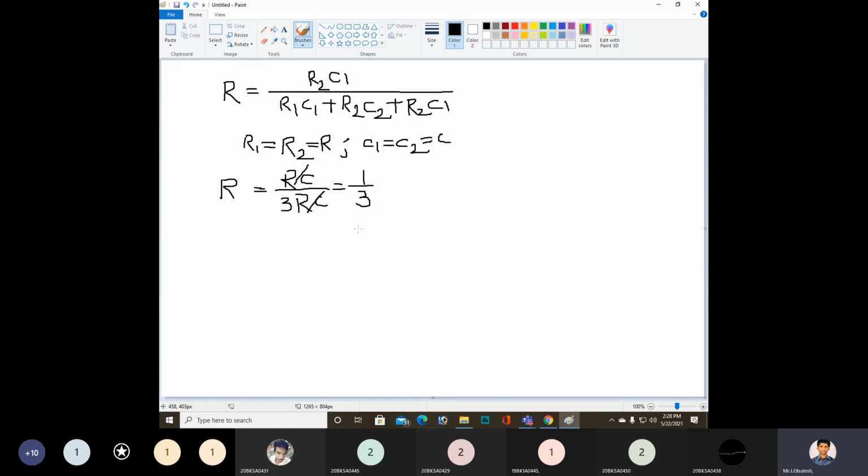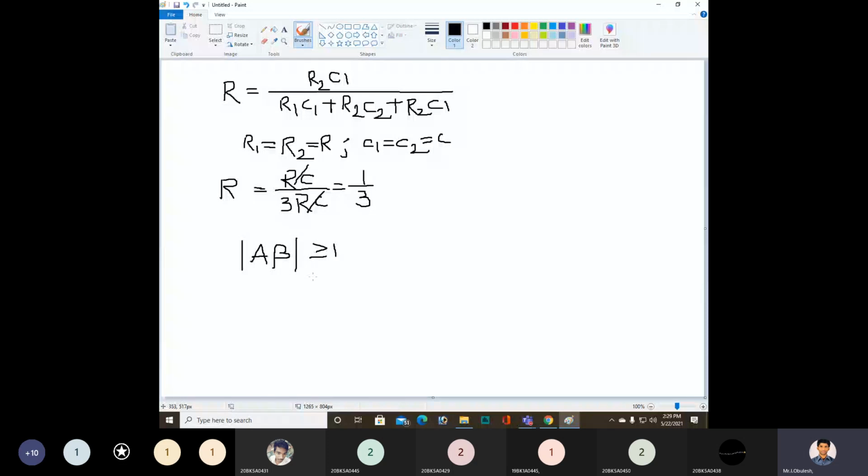Therefore, for sustained oscillations, A beta is greater than or equal to 1.